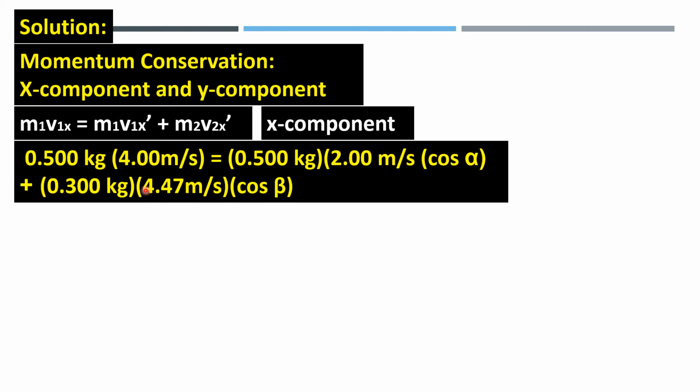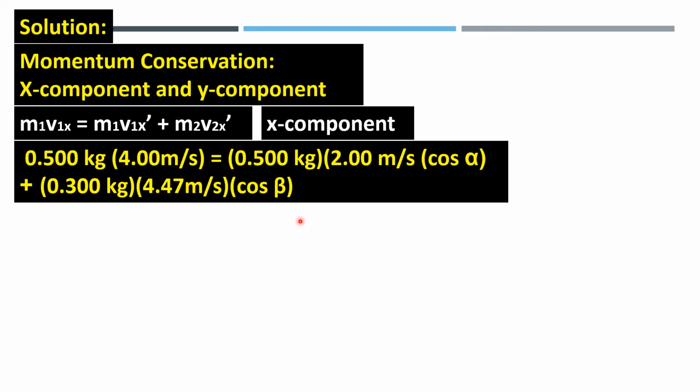So in other words, this portion here is the equivalent of the x component of the velocity for the smaller particle. It's still cosine, but the angle now is angle beta. So how do we proceed?